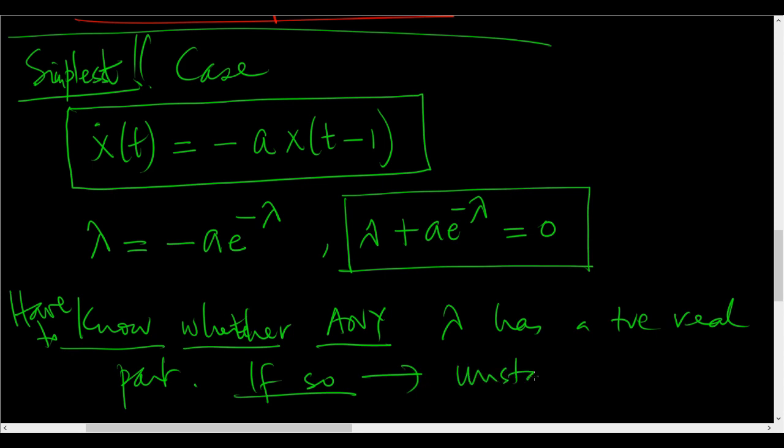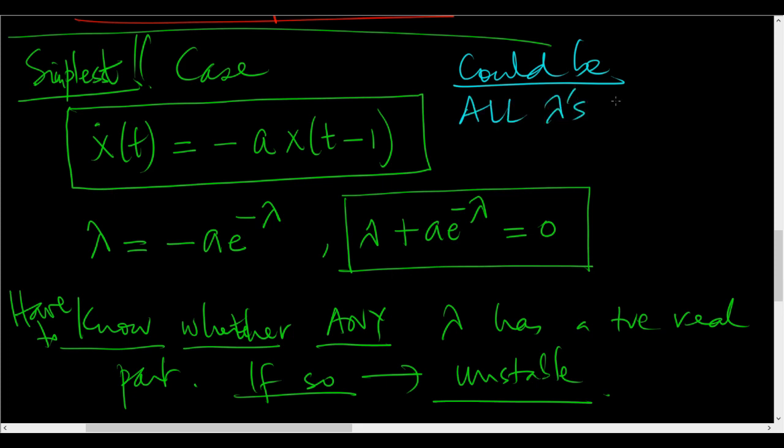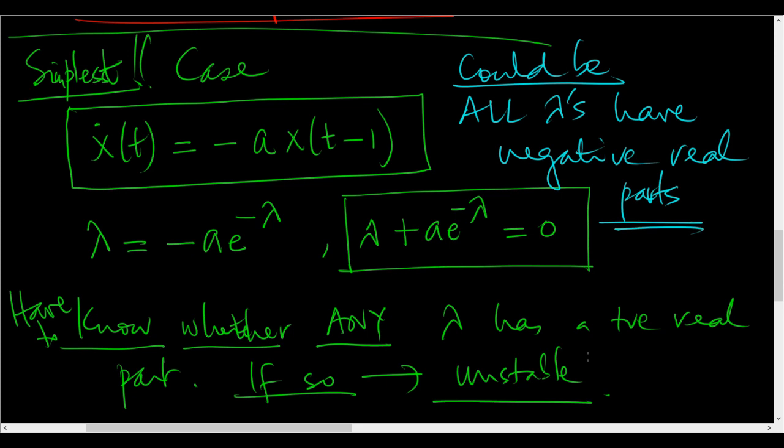There is exponential growth. But it could also be that all lambdas have negative real parts, in which case we will have stability.